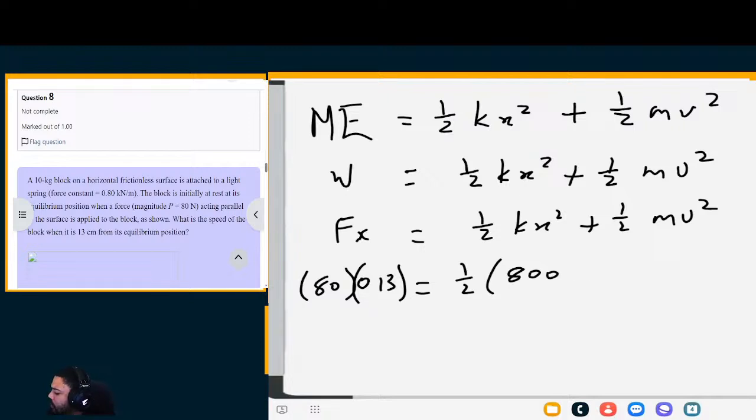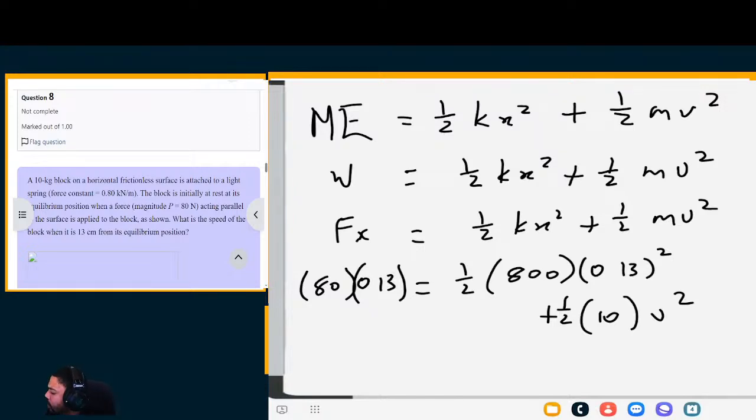The distance is 0.13 squared. Don't forget to square. Added to that is a half times the mass, which in this case is 10 kilograms, plus a half times 10, and then v squared, which is what we want. We want v.